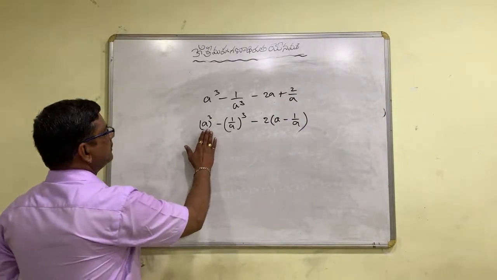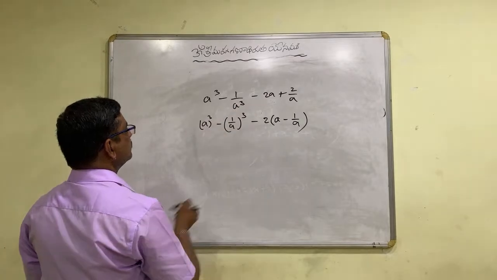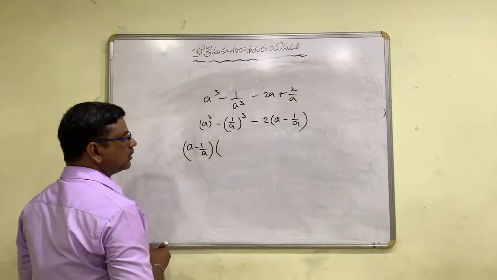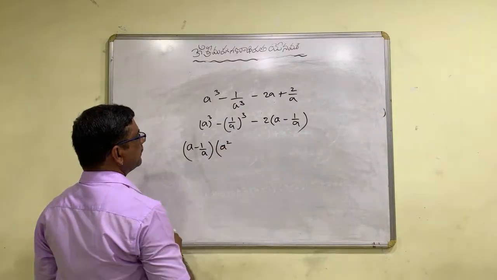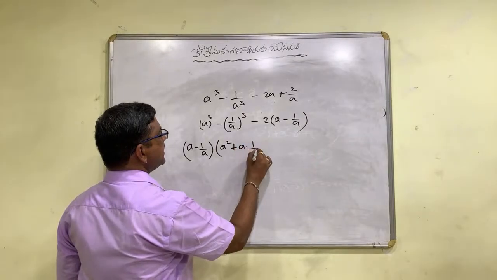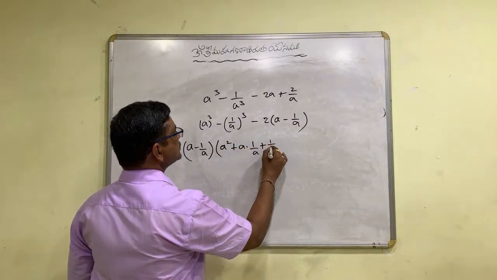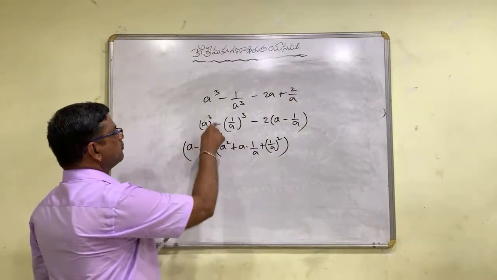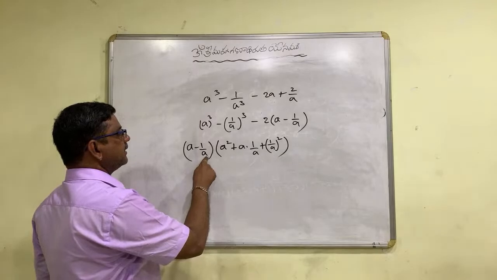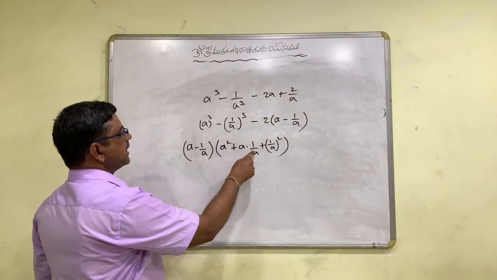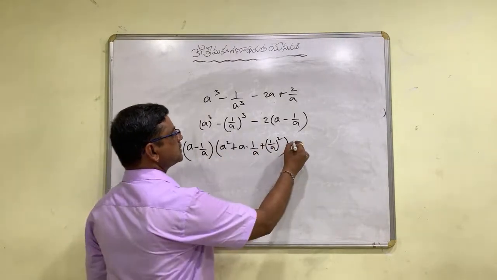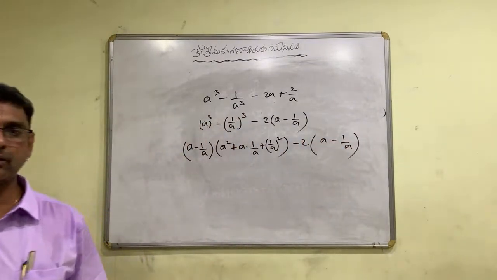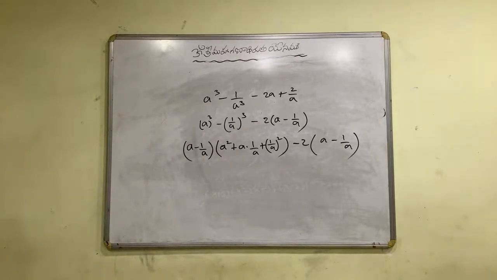Now this one is in the form of a cube minus b cube, so a minus b into a square plus ab plus b square, minus 2 into a minus 1 by a.